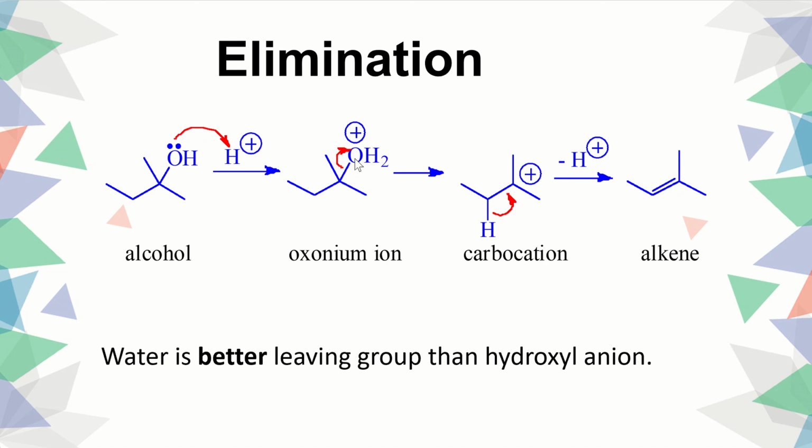So this bond is broken, and that leaves us with a tertiary carbocation, which is relatively stable. So to quench the positive charge, we have loss of a neighboring hydrogen to form an alkene, right? So the question is, what did we eliminate? So we eliminated water.